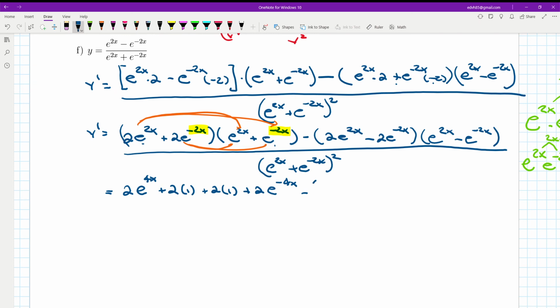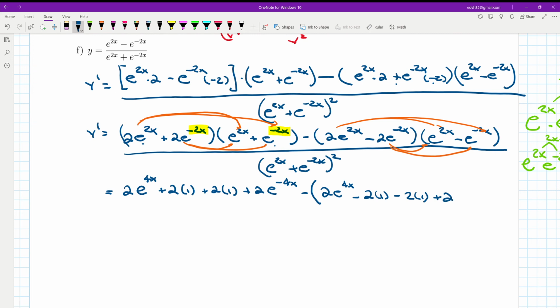And then minus, I'm going to open parentheses to do the same foiling. Multiply, multiply. That's 2e to the 4x, and then minus 2 times 1, and then minus 2 times 1, which is this distribution.